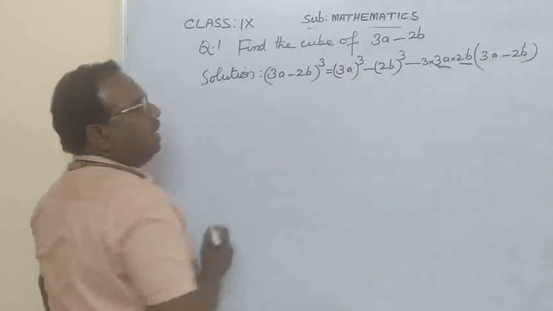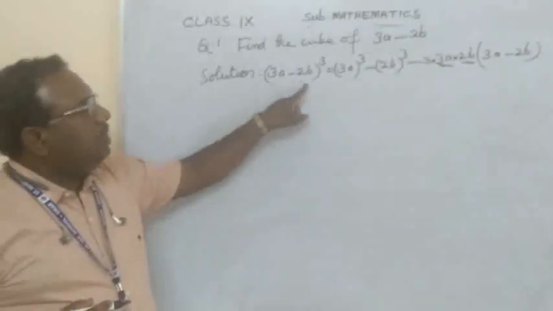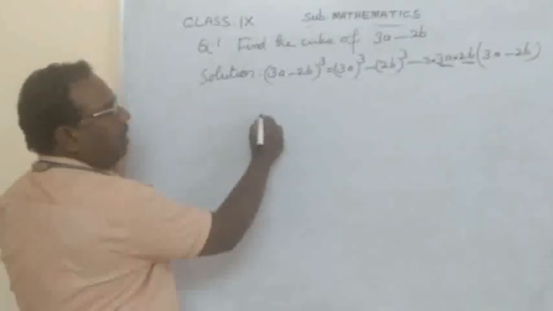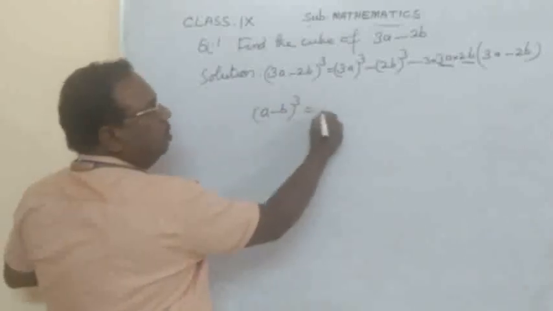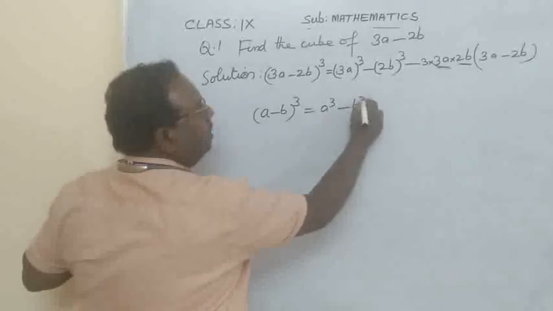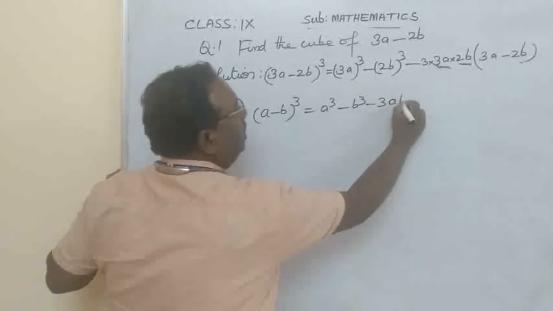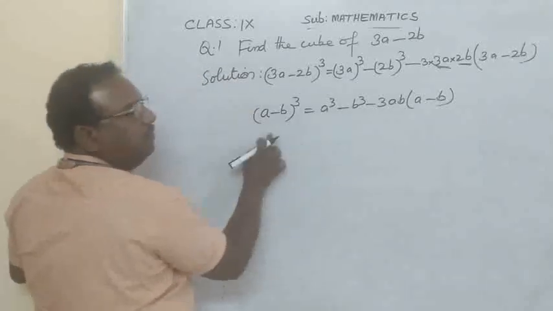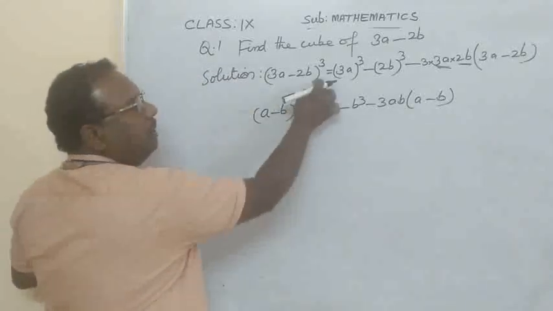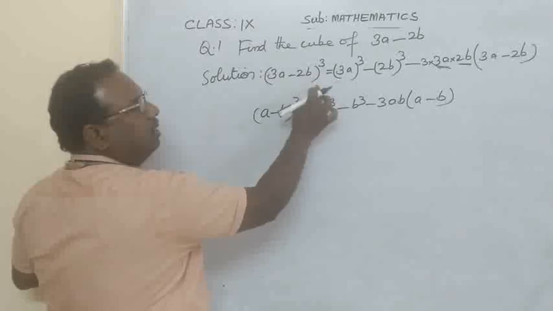Here we use the identity (a minus b) whole cube. This identity we applied here. (a minus b) whole cube is equal to a cube minus b cube minus 3ab into (a minus b). Using this identity, we expanded the LHS part.